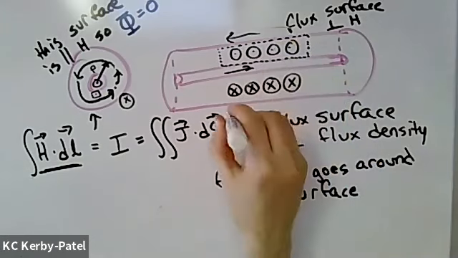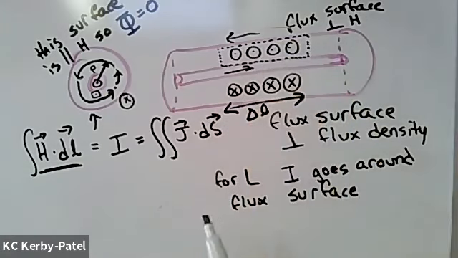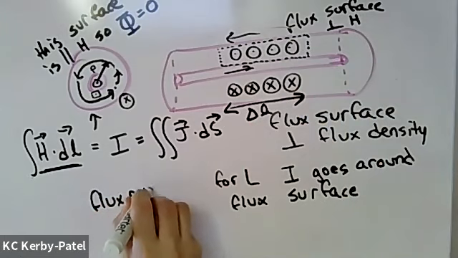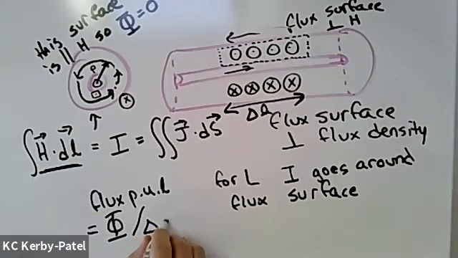So anyway, this flux surface needs to have a length, delta L. And later, when you're finding the flux per unit length, flux per unit length is the flux you calculated divided by delta L, because that's what it means to be per unit length.